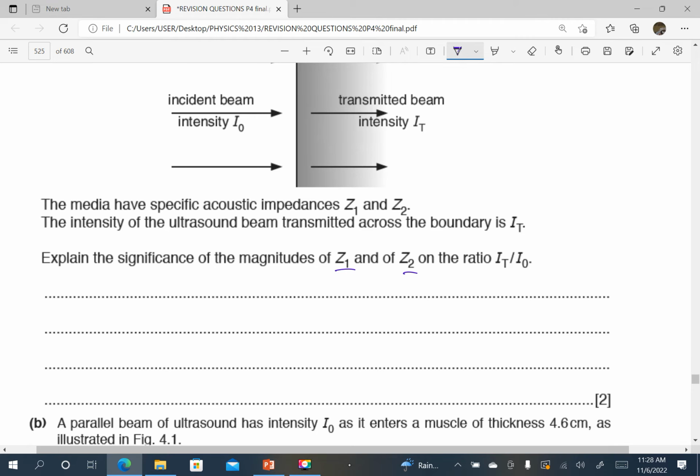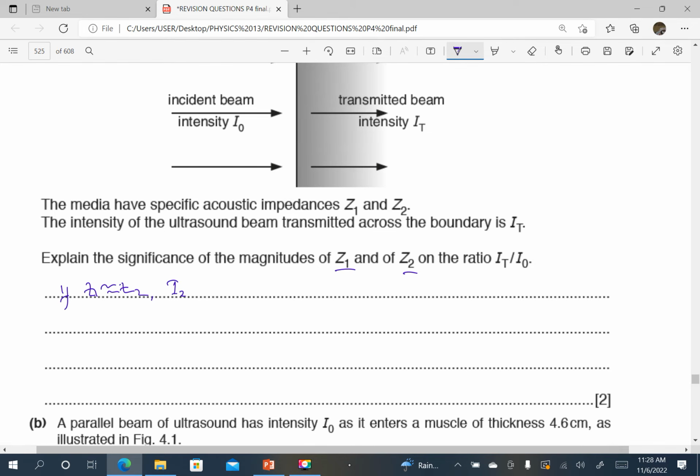So we are saying that if Z1 is approximately the same as Z2, then when you subtract, you are most likely going to get 0.